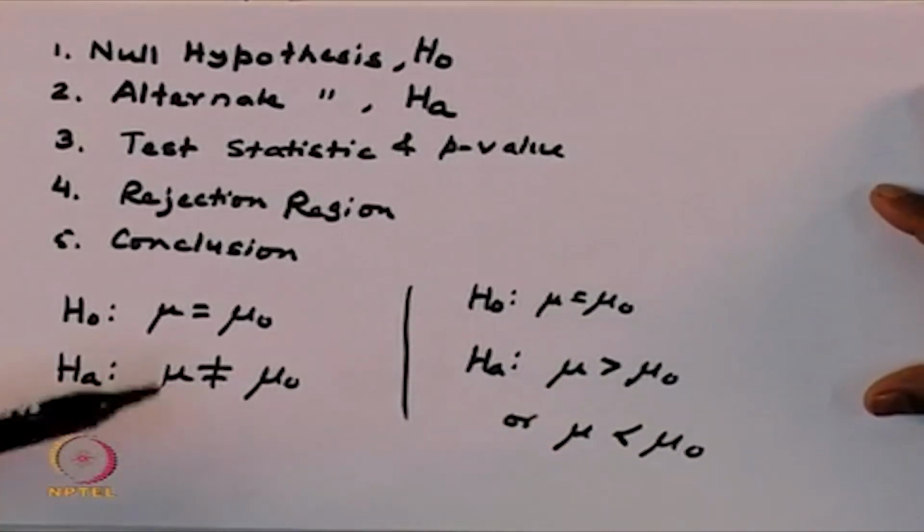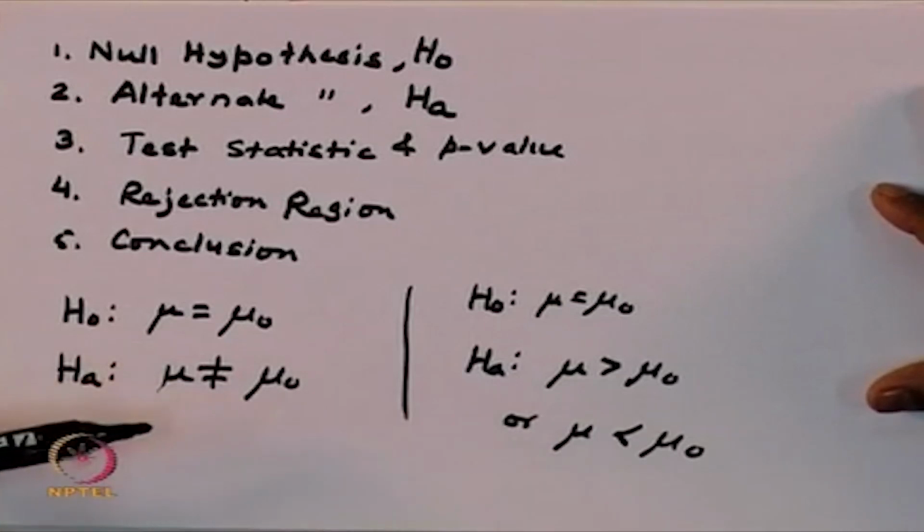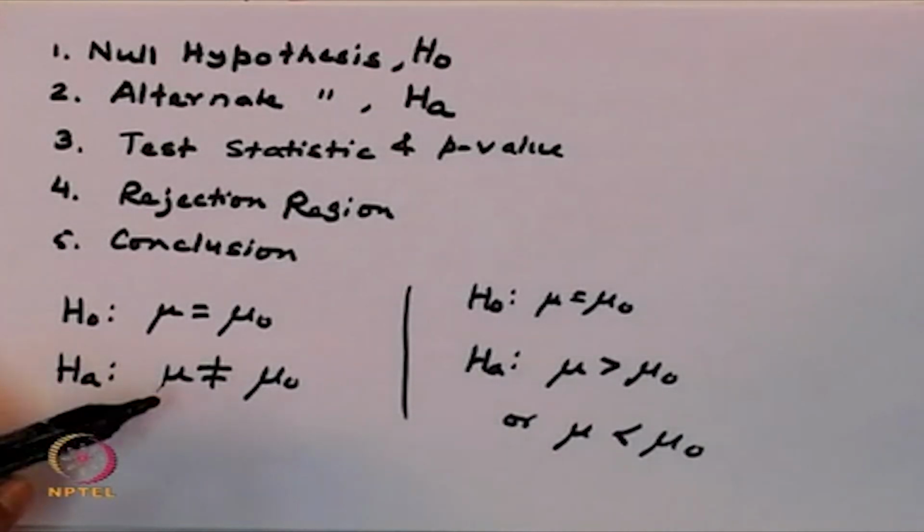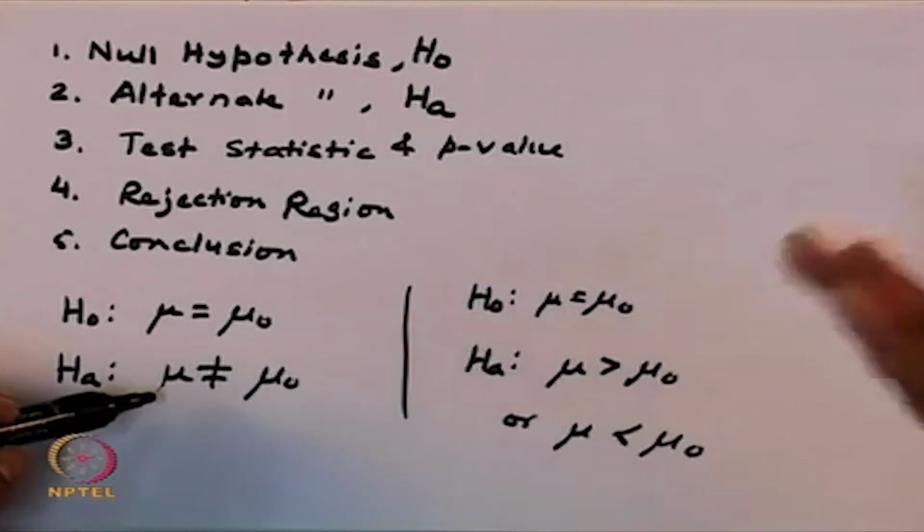Okay. So, the difference between these two tests of hypothesis is that in this condition you are not concerned whether mu is greater than mu naught or mu is less than mu naught. All you want to ascertain is whether mu is significantly different from that of mu naught.